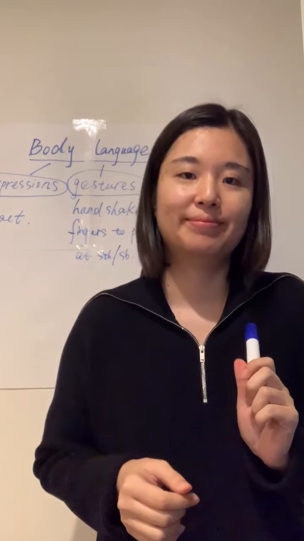So eye contact. Like today, when I give you the lecture, if I don't look at any one of you and just look at the floor, I don't have any eye contact with you guys. You think what? You think that I'm not respectful to you, right? So eye contact is very important.